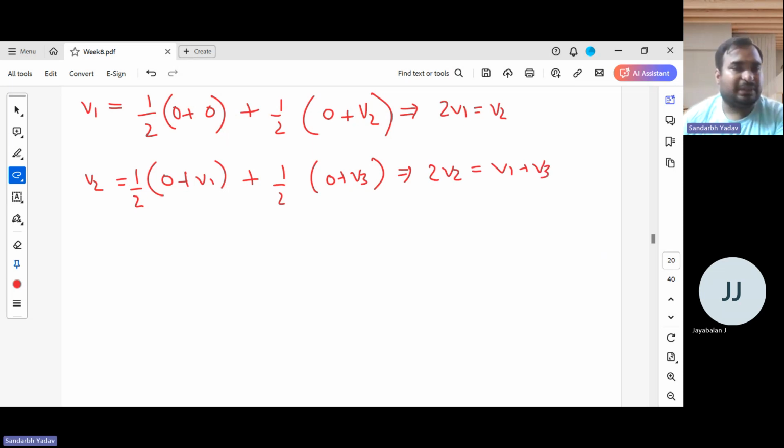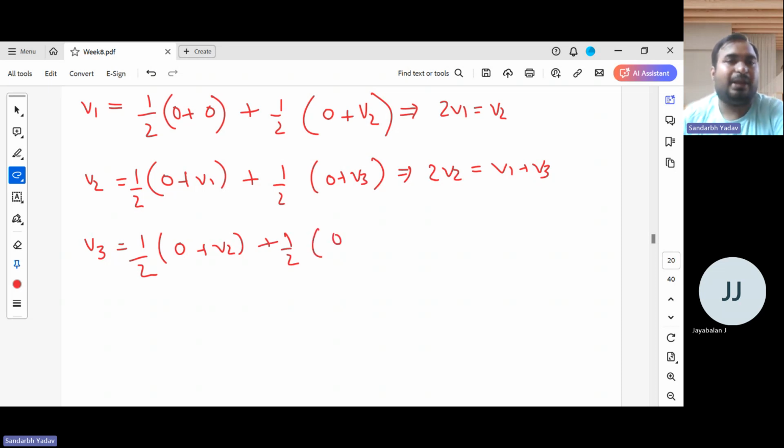In total we will get around 5 equations and there are 5 variables. Let's write it similarly for V3, and these will be symmetric, so you can get the idea from there. With half probability you can go to V2, and with half probability you can go to V4.